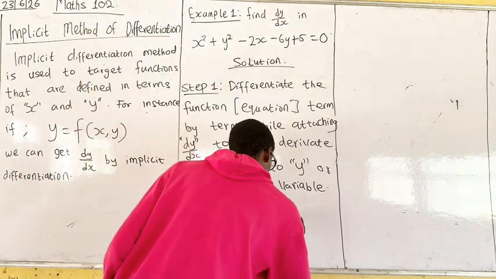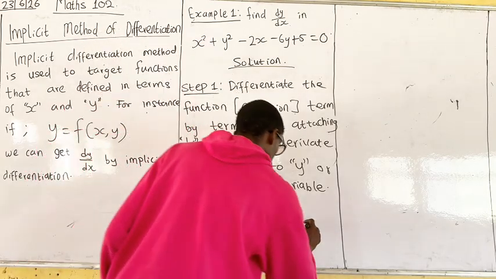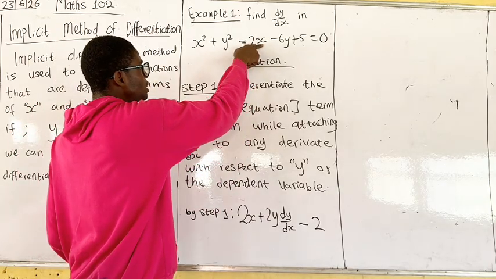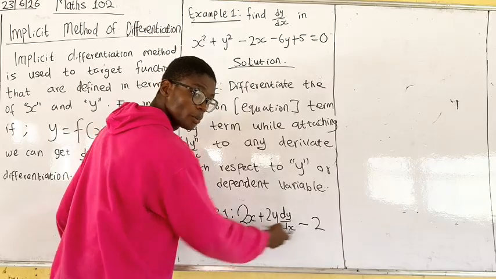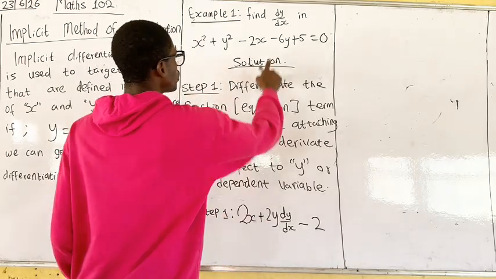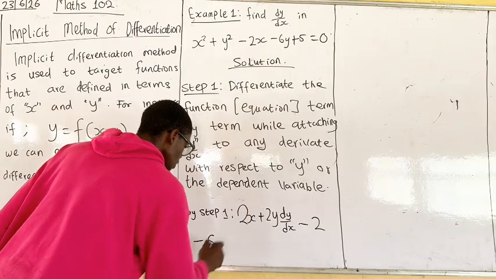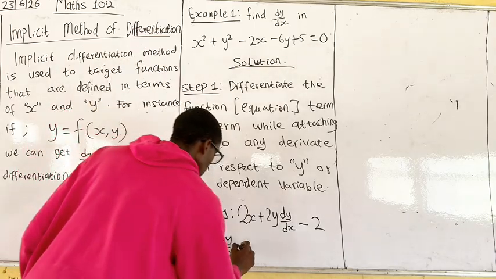No. I'll attach dy/dx to it. Minus 2. I differentiated this in terms of x and this in terms of x. That's why there is no dy/dx. So for here now I have minus 6 dy/dx. Then plus 0.